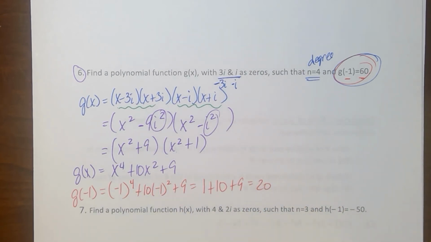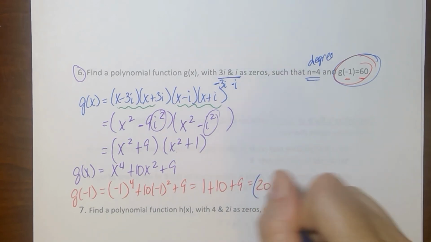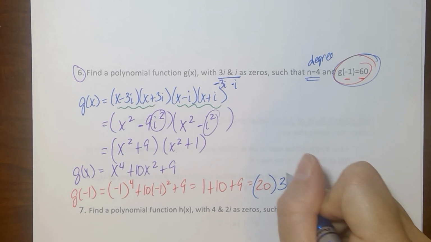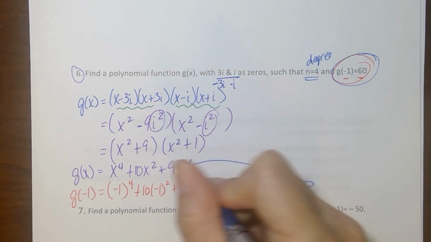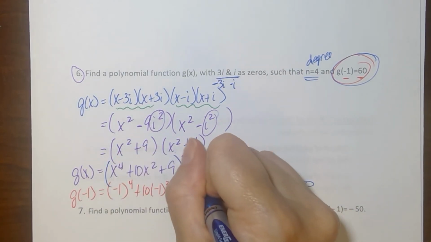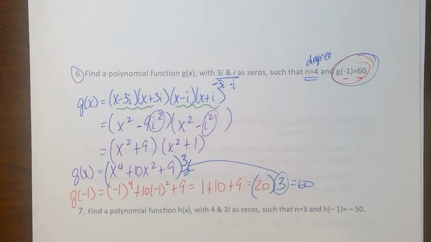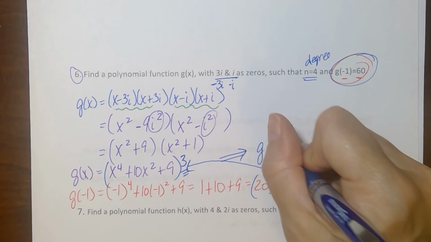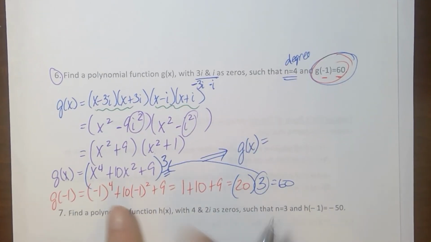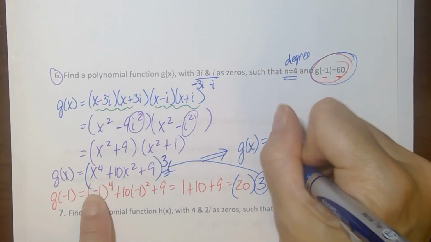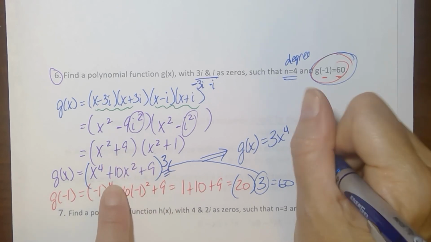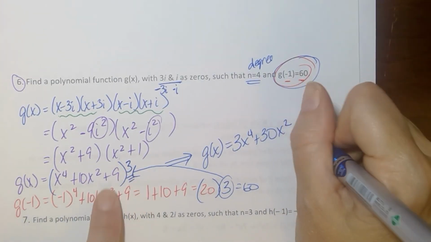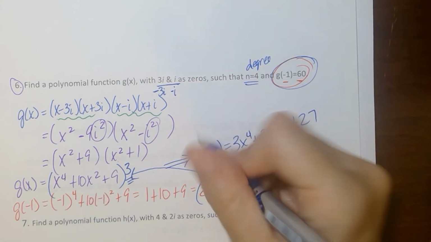Well, let's see what we would have to do. If I multiply 20 times 3, I get 60. So I'm going to take this factor of 3 and multiply it in to everything in my proposed function, which gives me a g of x equal to 3x to the 4th plus 30x squared plus 27.